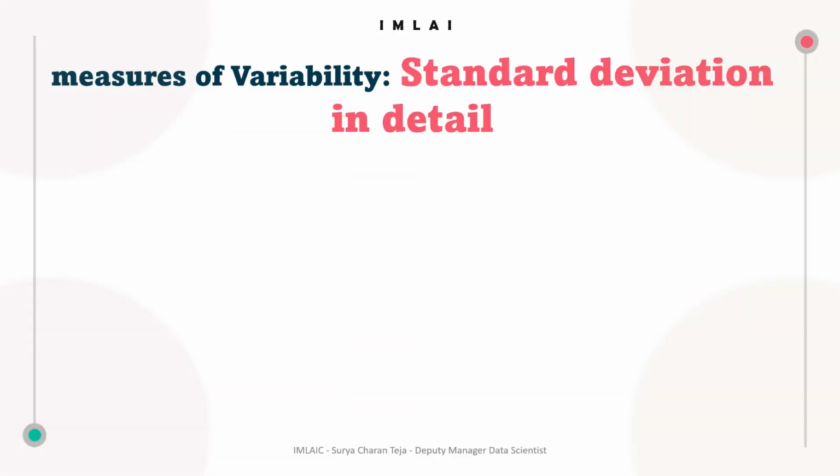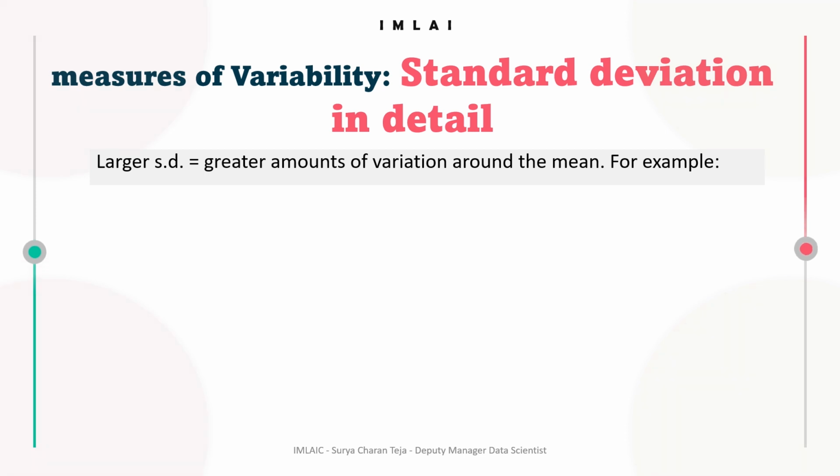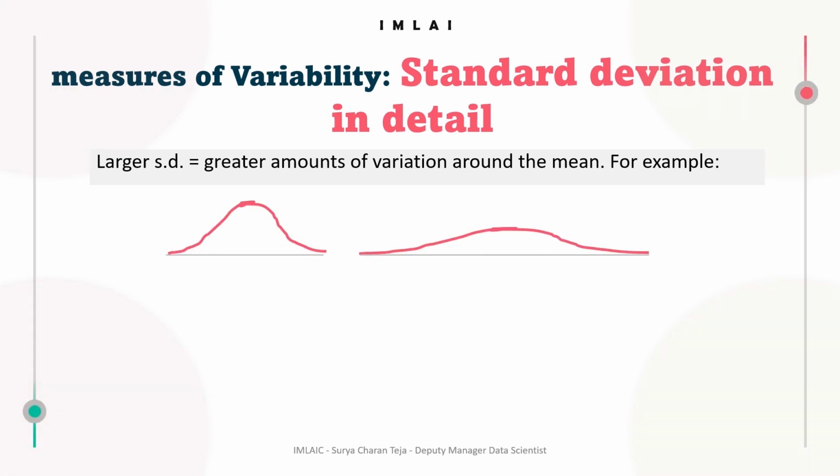So now let's understand standard deviation in detail. Let's consider a larger SD. A larger standard deviation equals greater amounts of variation around the mean. For example, let's take two distributions. This is the first distribution, and this is the second one.